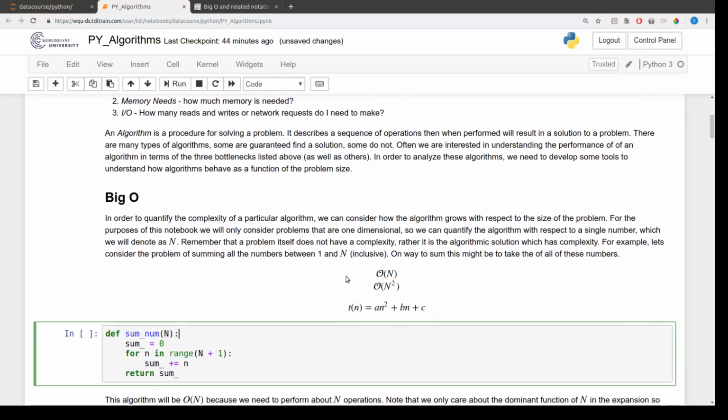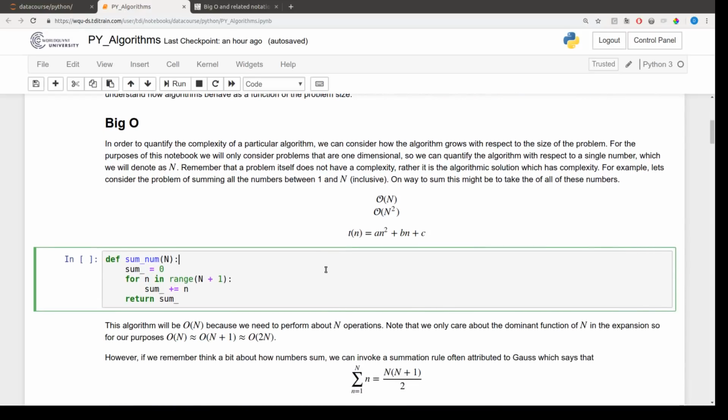So that's a lot of abstract ideas. Let's look at an example. So for our first example, we're going to consider taking the sum of all numbers up to n inclusive of n. So to do that, I could define a function called sumNum, and give it an argument n.